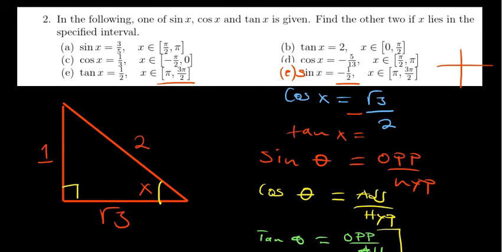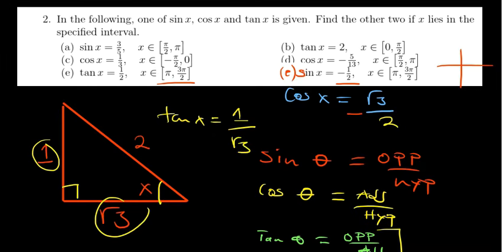So we have the opposite being a 1 and the adjacent being root of 3. So tan of x, the opposite is 1, the adjacent is root of 3. We are good to go. So that's how we answer question 2, as easy as it looks.